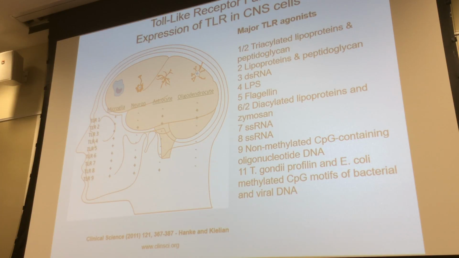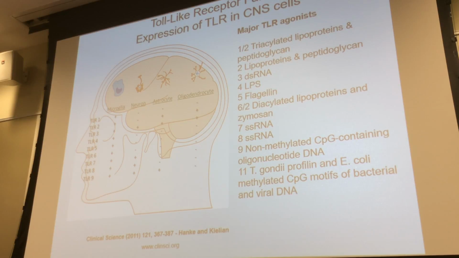These receptors are very general, broad-based receptors that are looking at some very important things that are not specific, like lipopolysaccharide. So that means that any microorganism that has lipopolysaccharide on its surface is going to trigger a response of toll-like receptor number 4.